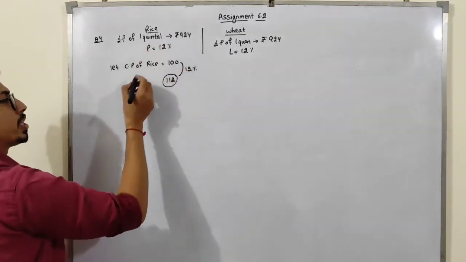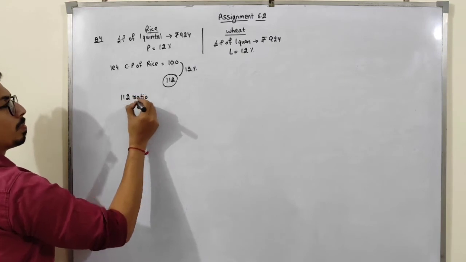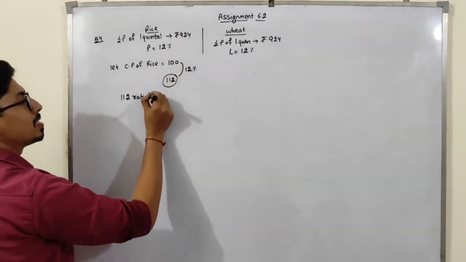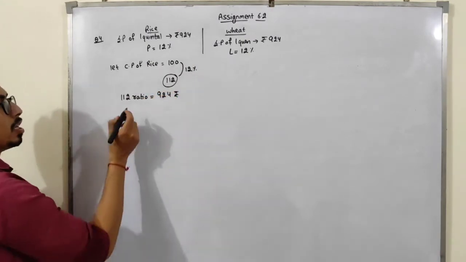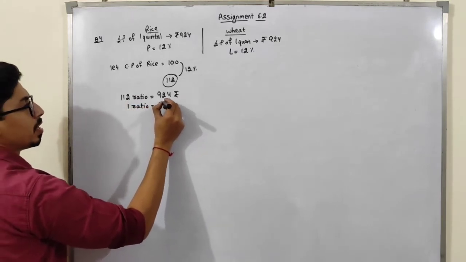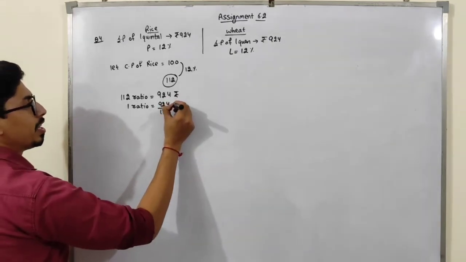But according to me, I sold it for 112 ratio. But according to the question, the selling price is 924. So 1 ratio will be how much? Just divide it. 924 divided by 112 is the 1 ratio, students.